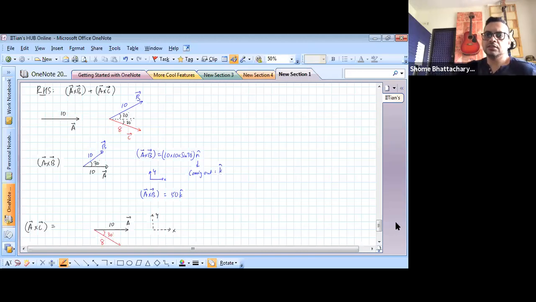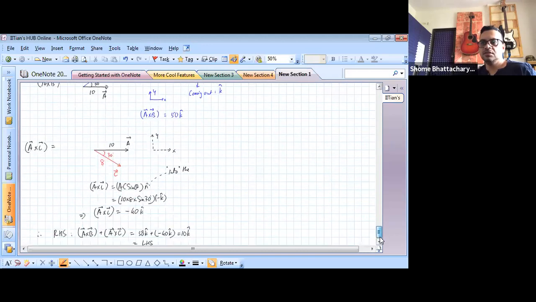Okay, next step is this. If you compare it to above, on the left hand side you'll see that it was also 10K cap.